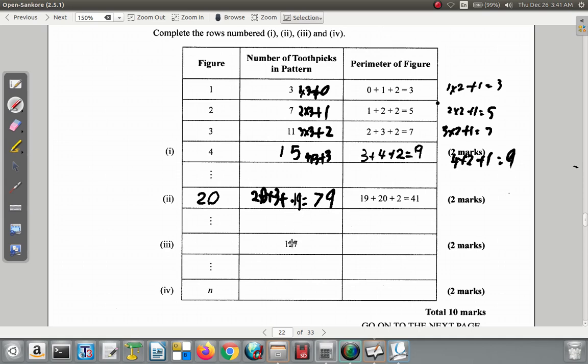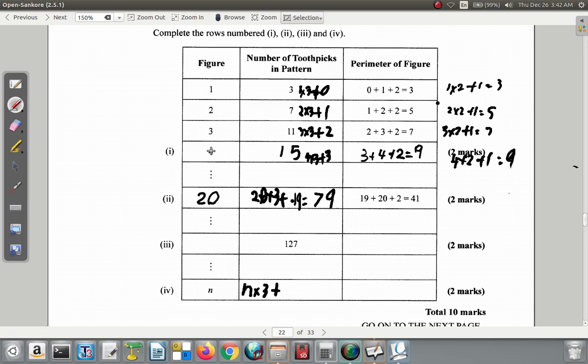Now this is saying 127, but before we go to 127, this would seem to be the figure, n, times 3 plus, now this 19 here is 20 minus 1.